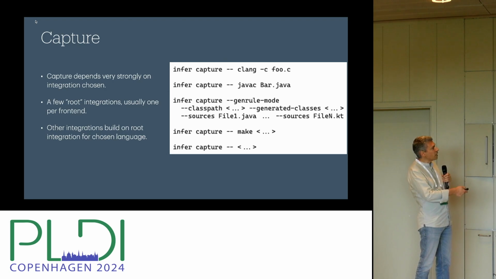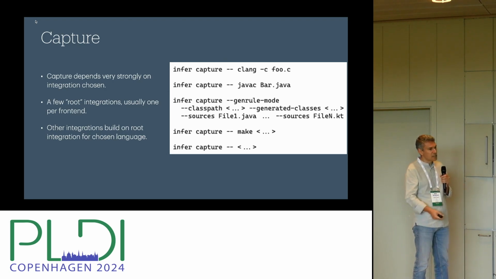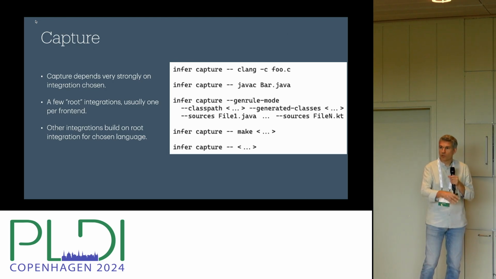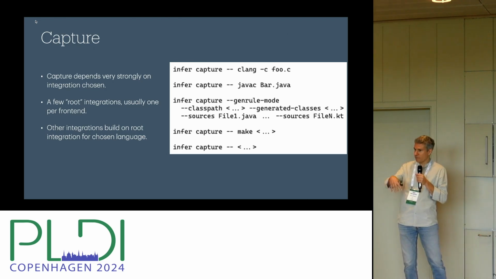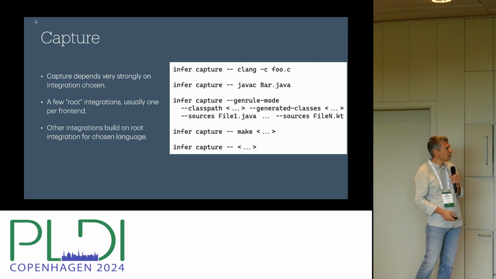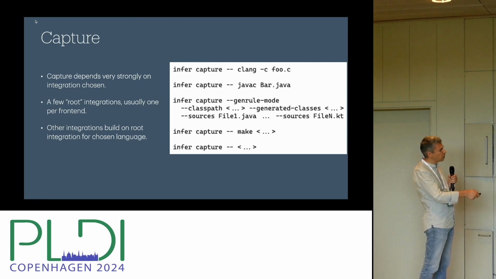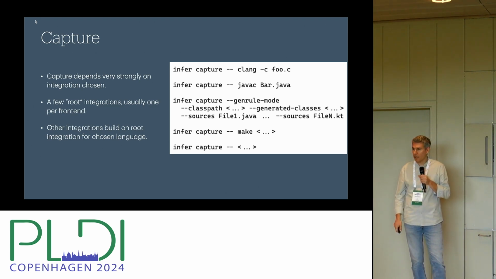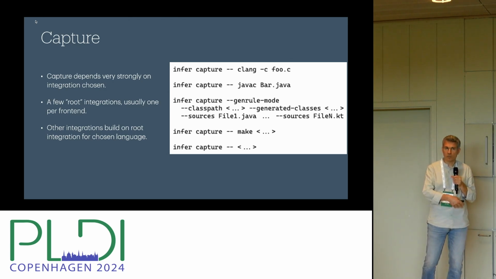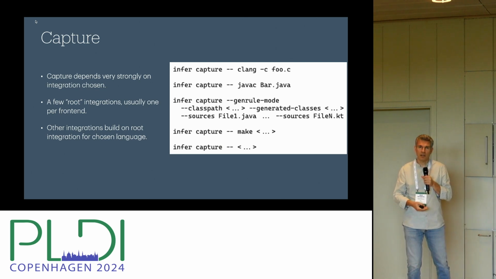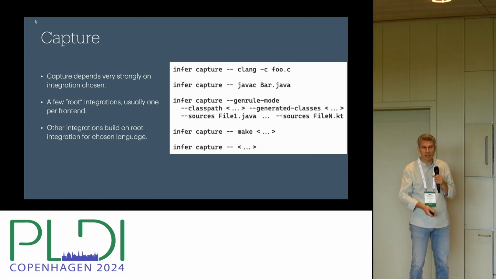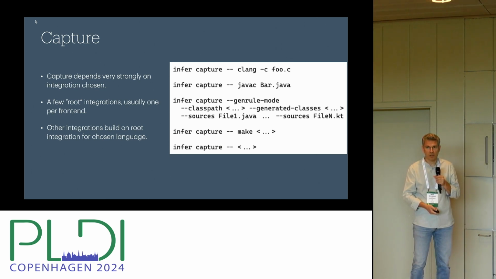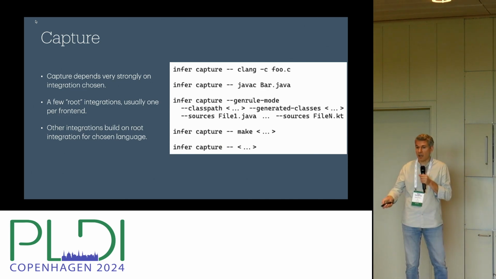Anyway, the point is that these three are, let's say, the root integrations that are very language dependent, and on top of those you would have integrations that run some build system, and then Infer has to plug into that in various ways. In the make integration, for example, it pretends it is the actual compiler.